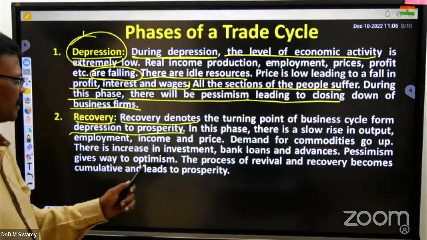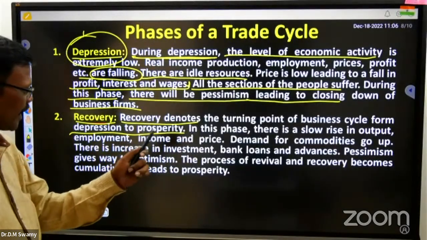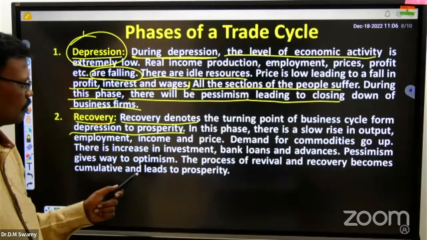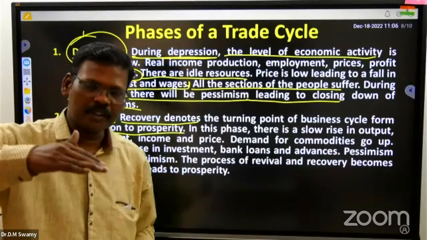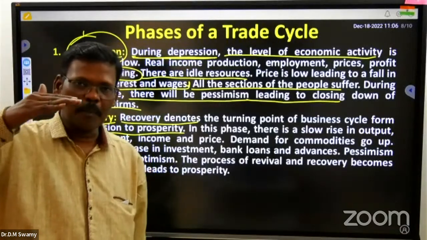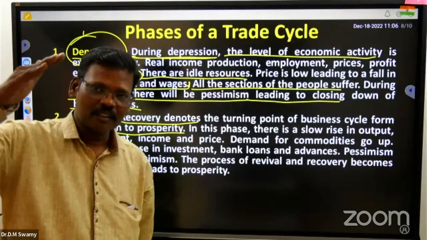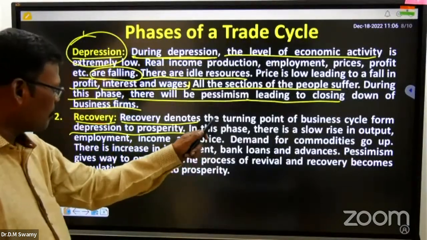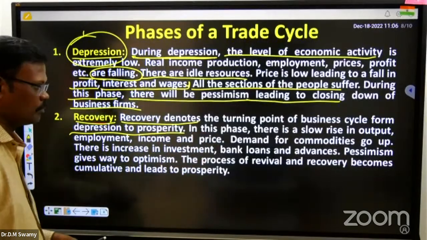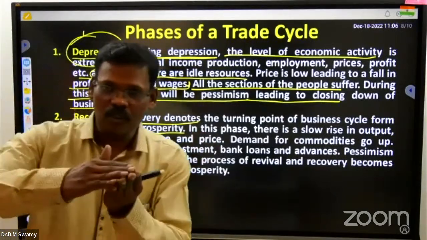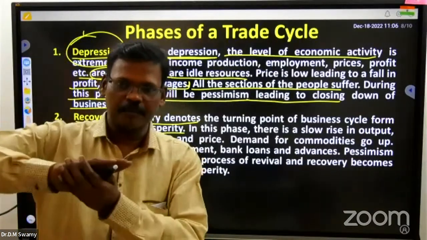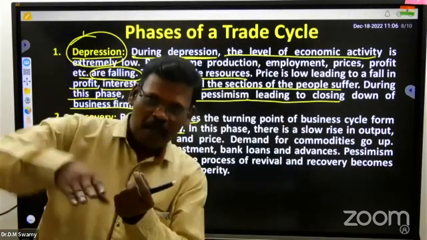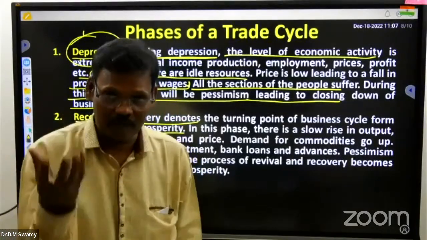In this particular phase, there is a slow rise in output, employment, income and price. Slowly, prices will start to increase, the employment level will start to increase, production and output will also start to increase, and demand for commodities goes up. Through either a welfare mechanism or employment creation, the people will have some income.